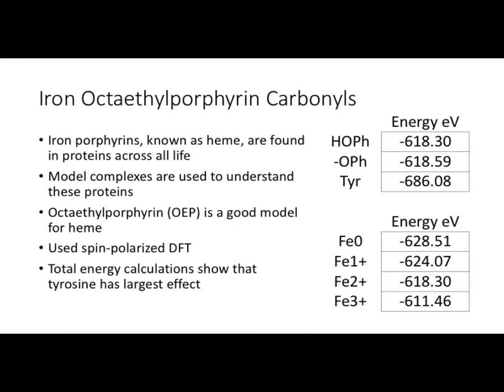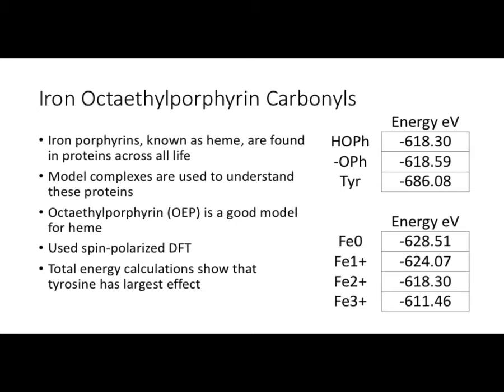So some of these proteins are really big and complex, so we try and use model compounds or model complexes to understand the interactions between the porphyrin and, say, a ligand that's attached to it. And these ligands usually come from the proteins.